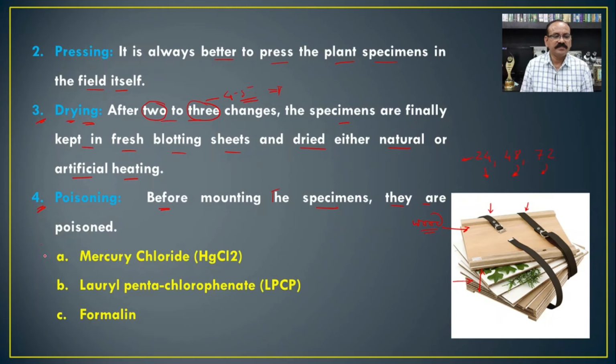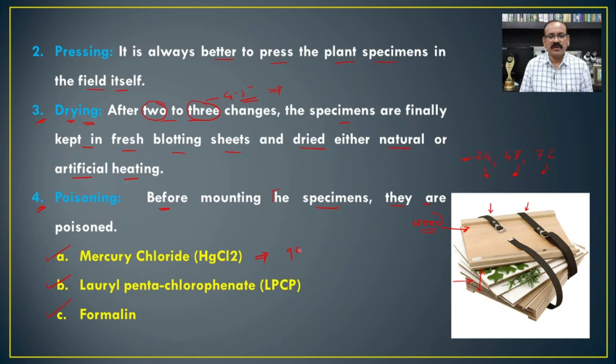After pressing, mercury chloride, lauryl pentachlorophenate, and even formalin are used. Very commonly mercury chloride is utilized for the poisoning of the plant specimens.